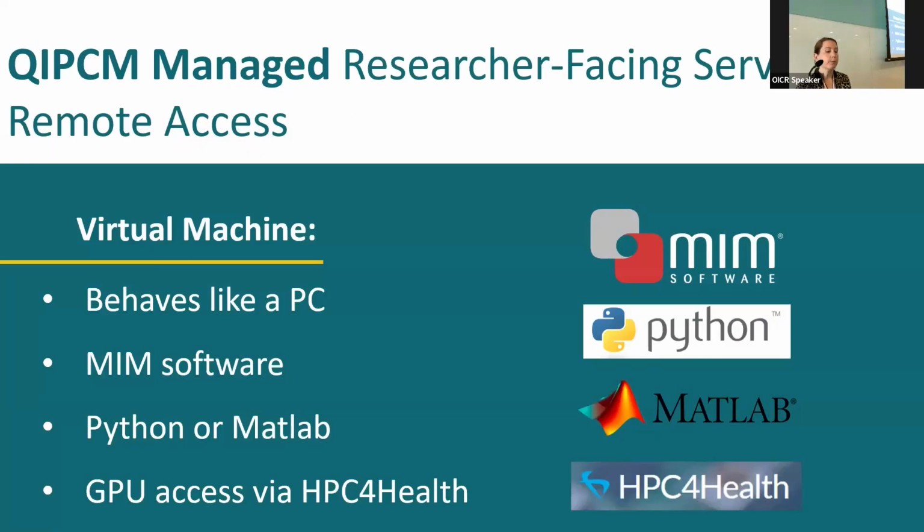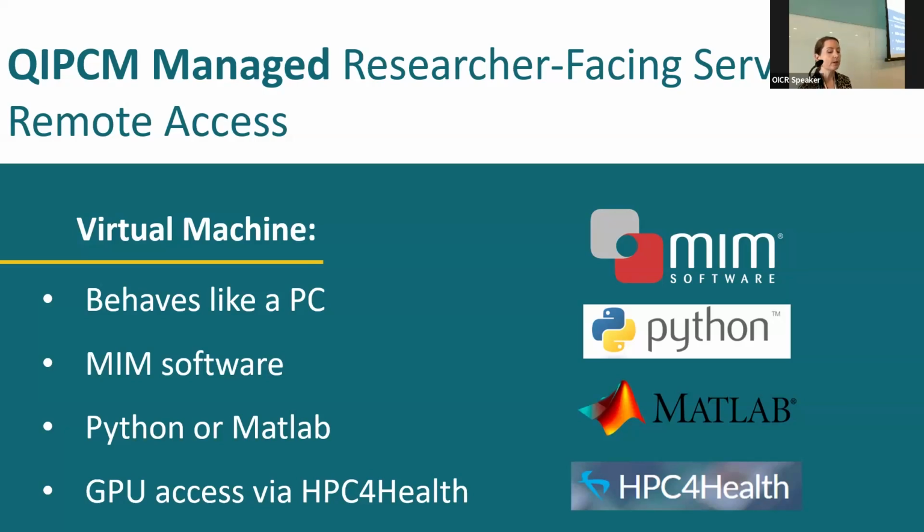So as I mentioned, we provide two ways to access the data once they're in our centralized repository. First, we can spin up a virtual machine, or a VM. The VM behaves just like a PC. It can be given resources like RAM or storage, just like a PC can. And on the VMs, we can install an assortment of software that can be used by the researchers.